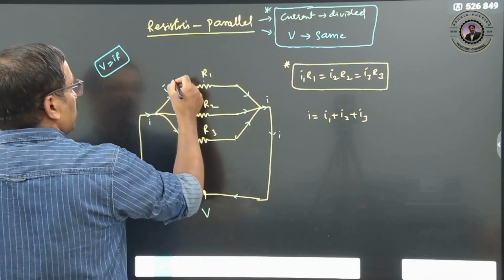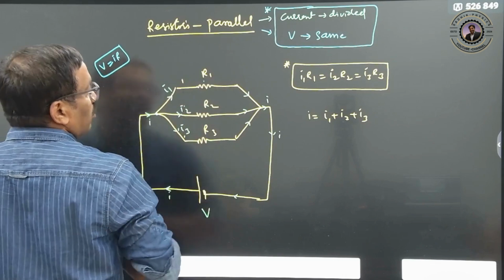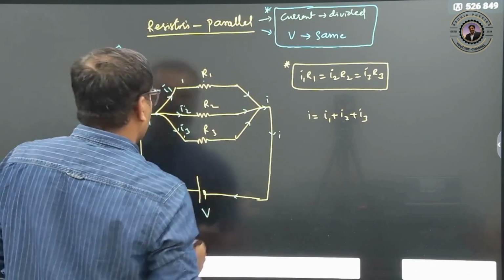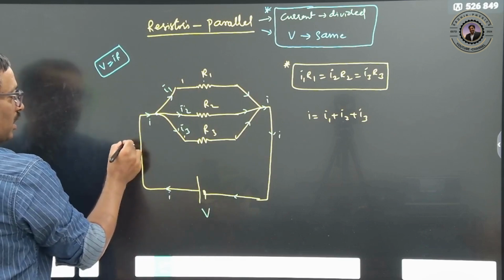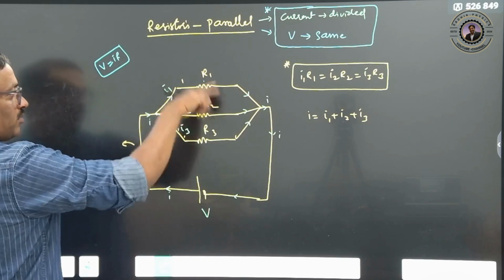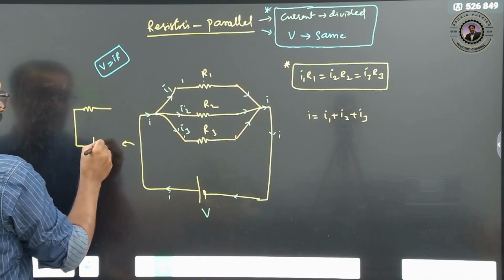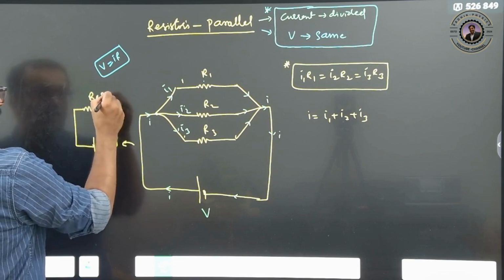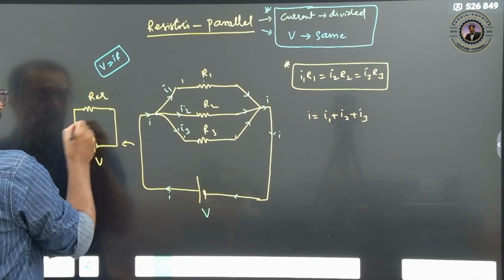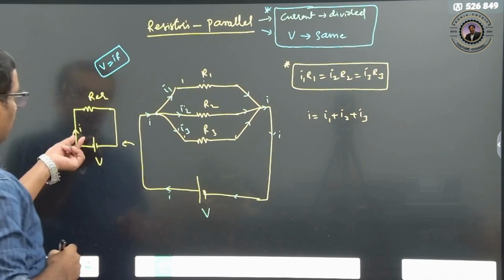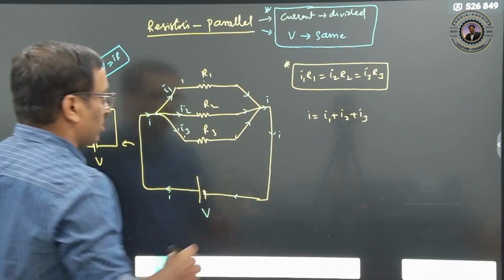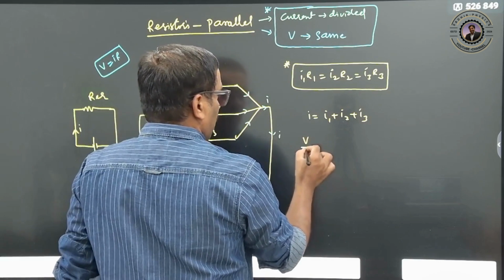So V is equal to I1 R1. Therefore I can rewrite this as one simple circuit. I am going to replace it with a single circuit, which is nothing but R equivalent, with the same battery and the same current flowing. The current can be written as V by R equivalent.